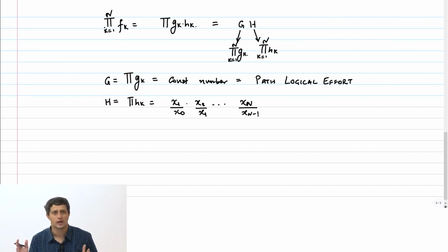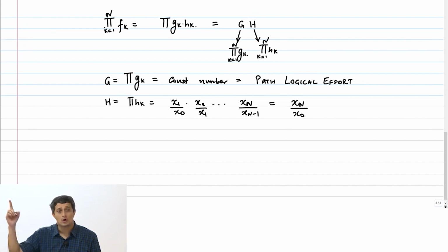Everything will cancel for H and you will simply get the path electrical effort, capital H, as the ratio of output capacitance by input capacitance. The ratio of the final capacitance is again a constant number. We know what the load is. We have a circuit, it's driving a load.